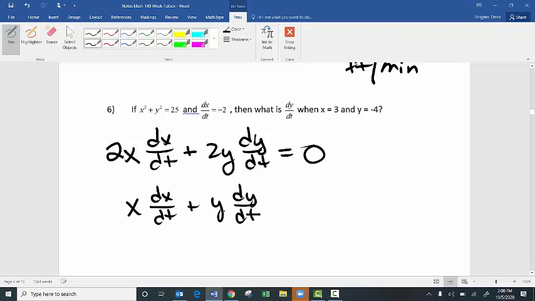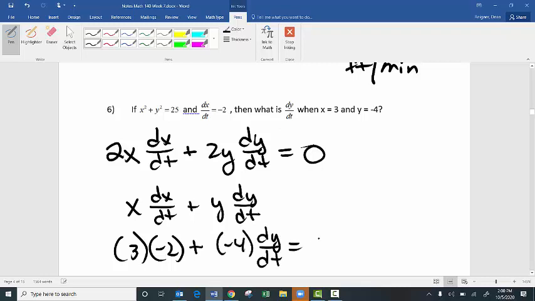Now let's see what they give us. They give us dx/dt is -2. x is 3, just plug it in. We want to find dy/dt when y is -4. So we want to find out how y is changing when x is 3 and y is -4. So you just manipulate those variables.